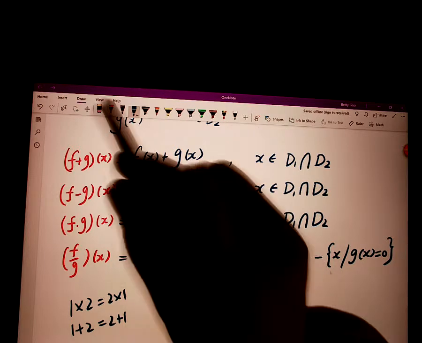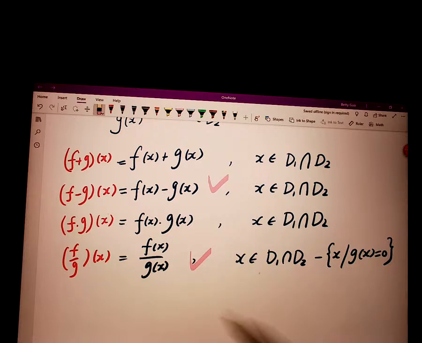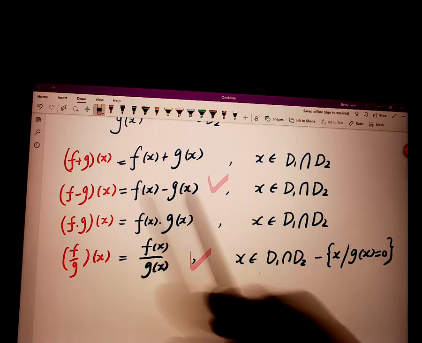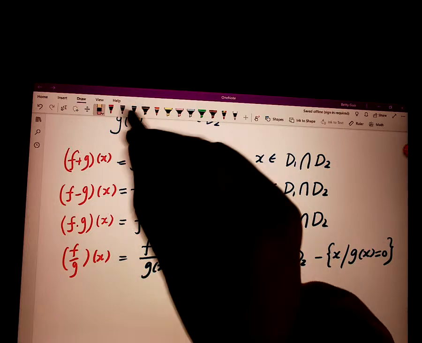So you're going to be very careful when you deal with the subtraction and the division. You need to be very careful which function is in front, which function is after, which function is on the top, which function is on the bottom. Okay? And let's see some examples. I said we have 4 examples here. I hope we can finish in the same video.